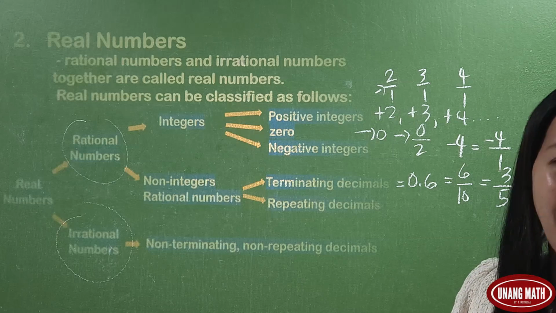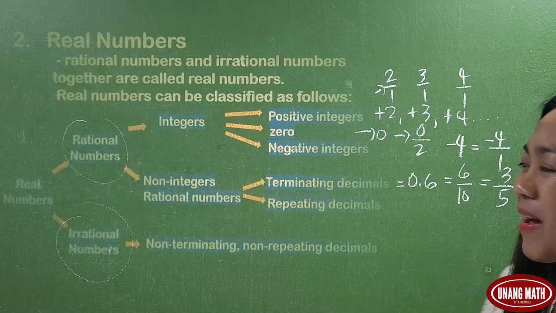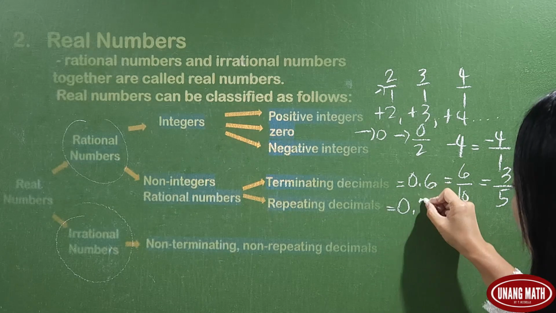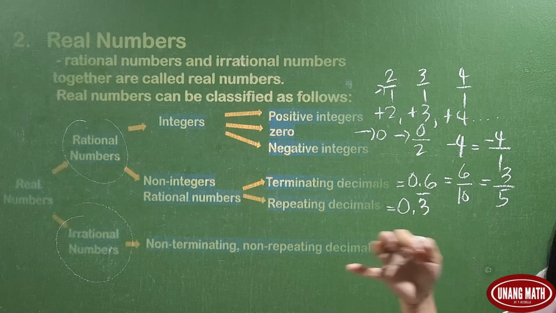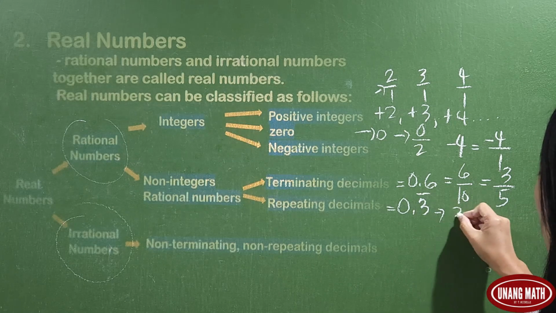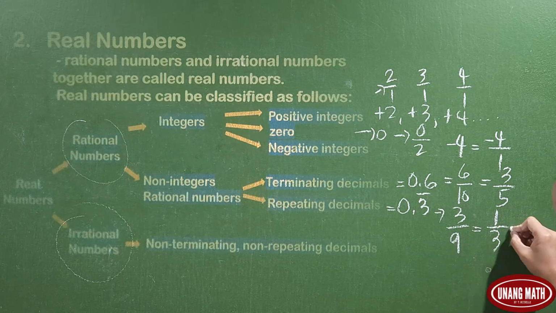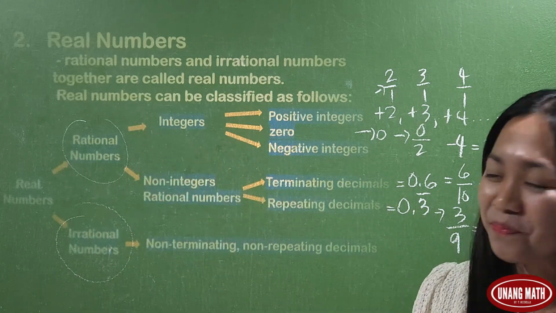So this is a rational number. What about a repeating decimal? Example, we have here 0.3 repeating. We can convert this one to a fraction. This is equal to 3 over 9, or simplified, 1 over 3. So consider it a rational number.